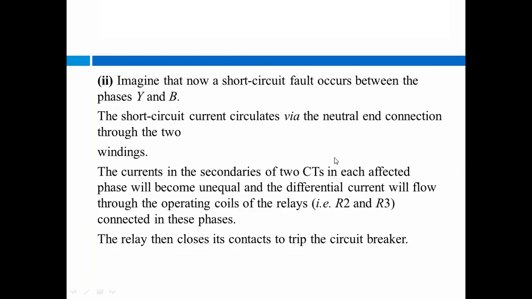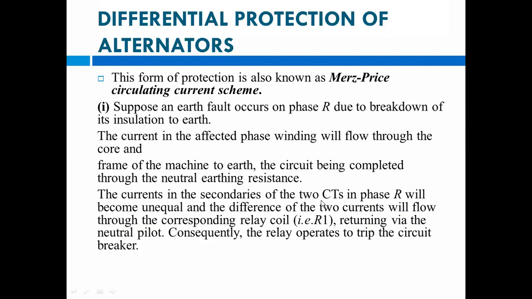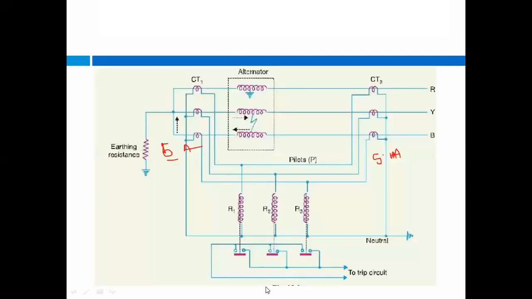This is for the ground fault. When the ground fault occurs in the R phase, its difference of current will flow through relay R1 only, returning via the neutral pilot. Consequently, the relay operates to trip the circuit breaker. This is the operating coil.